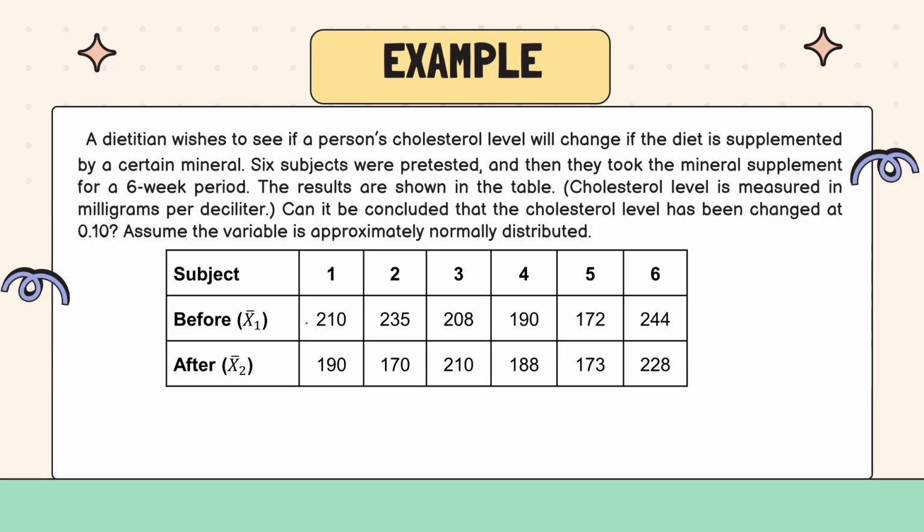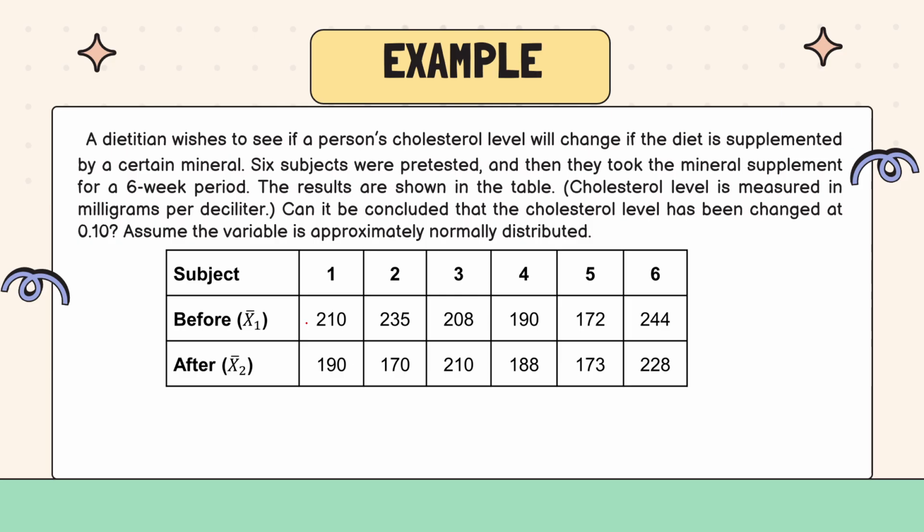The results are shown in the table. Cholesterol level is measured in milligrams per deciliter. Can it be concluded that the cholesterol level has changed at 0.10? Assume that the variable is approximately normally distributed.